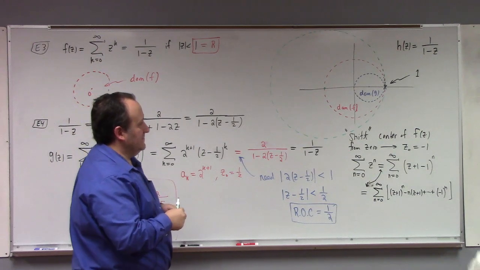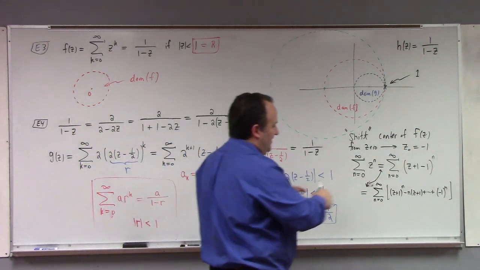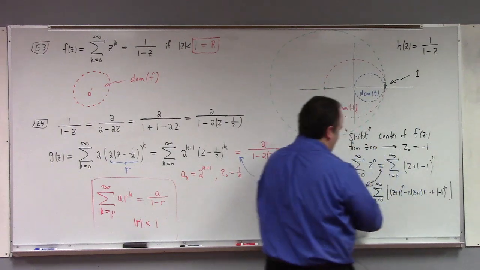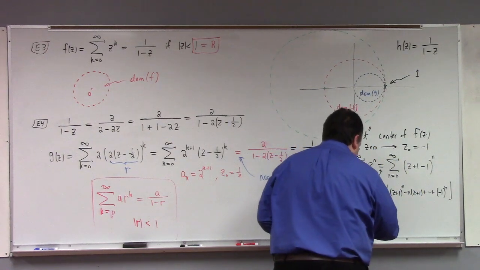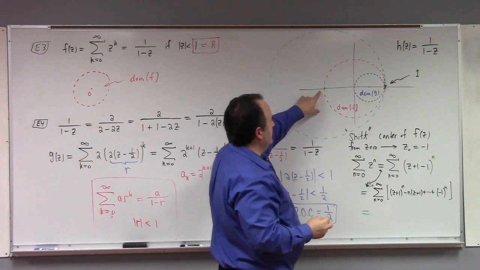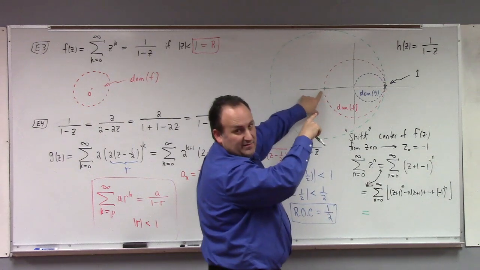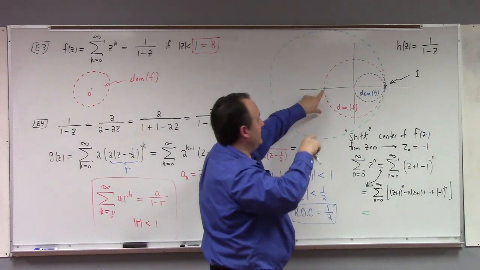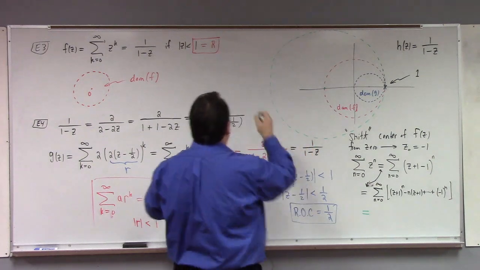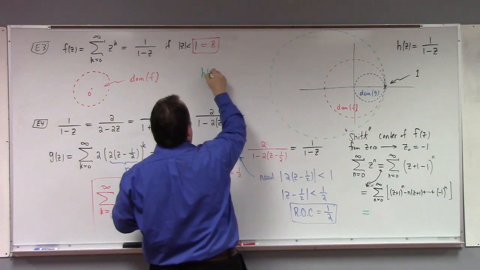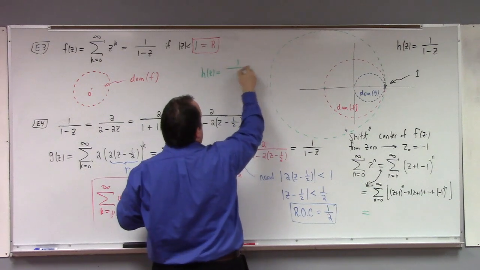And so I can tell you, I don't want to finish this calculation, but I can tell you what's going to end up happening here, because I could simply rewrite h of z to be centered here. That's easy to do. So h of z, 1 over 1 minus z, right?